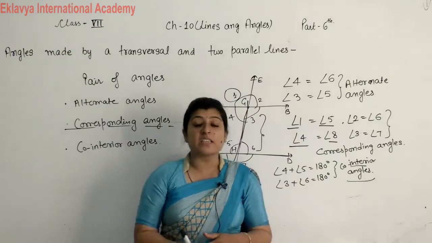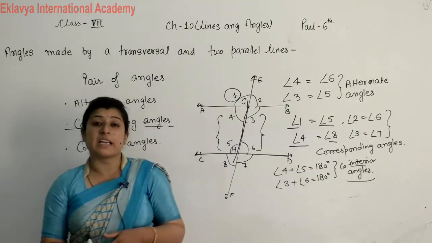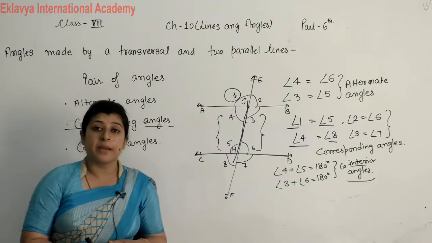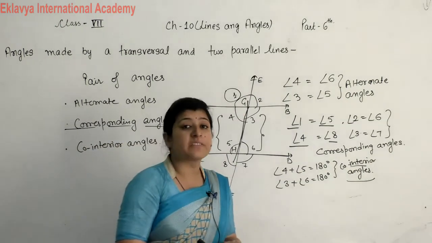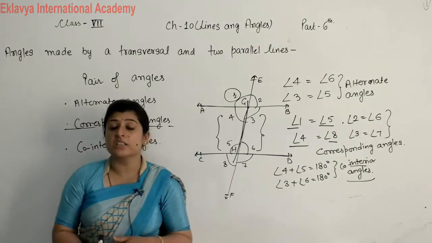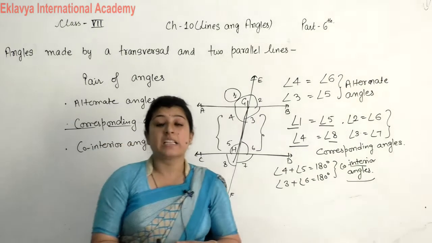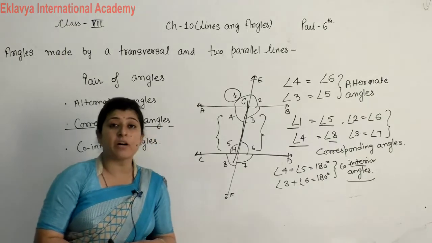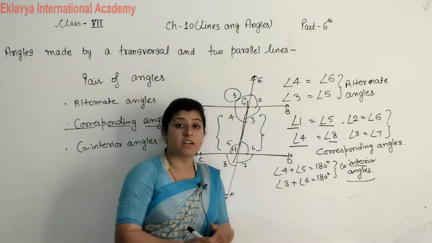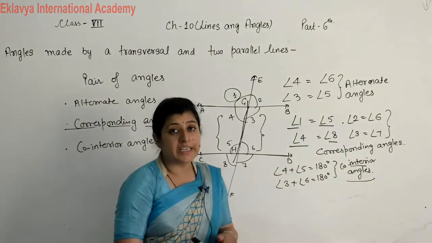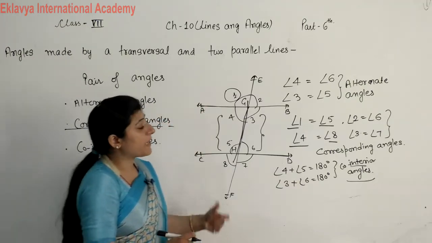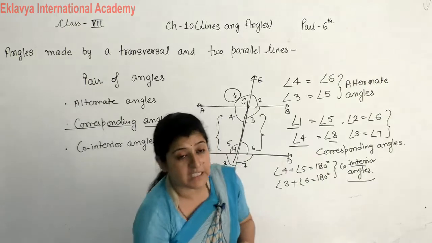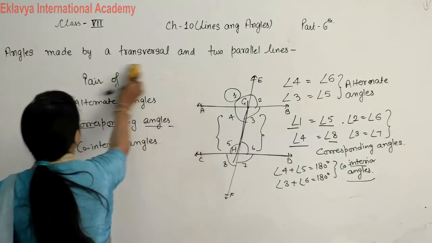If a transversal intersects two parallel lines, co-interior angles are supplementary, because we know that if the sum of any two angles is equal to 180 degrees, then it is called supplementary. So we can say the sum of these co-interior angles is equal to 180 degrees. This concept we will now use in our questions. Now we will take some examples using these concepts.